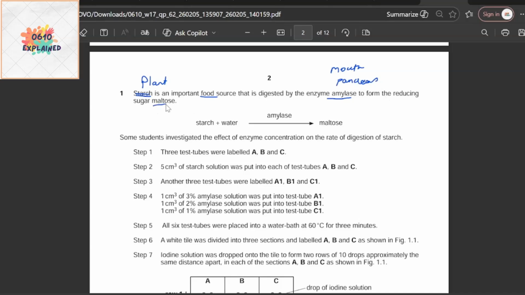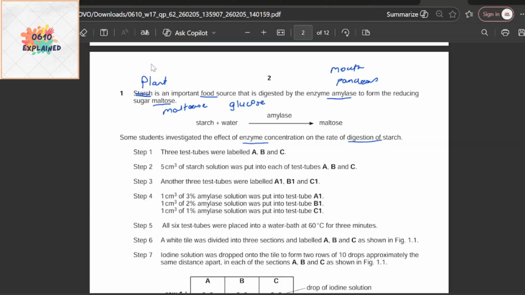Now, maltose, when further digested with the help of maltase in the human body, will be converted to glucose. But here, the experiment is stating that starch plus water in the presence of amylase as an enzyme will form maltose. Some students investigated the effect of enzyme concentration on the rate of digestion of starch.